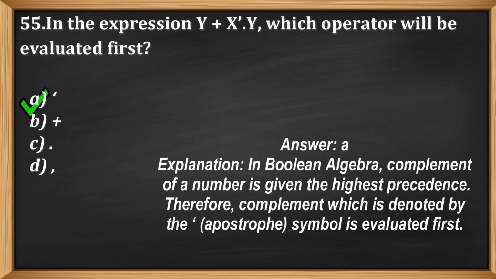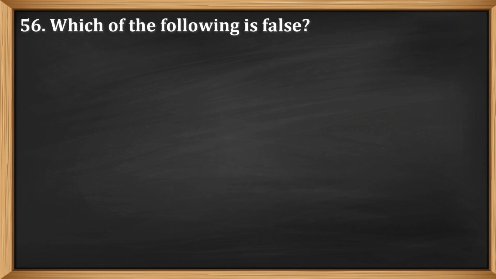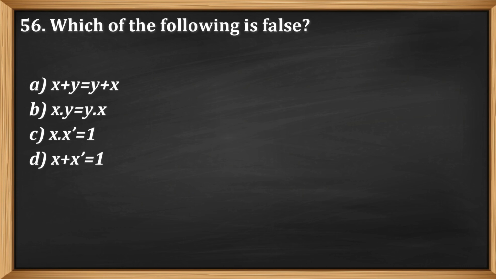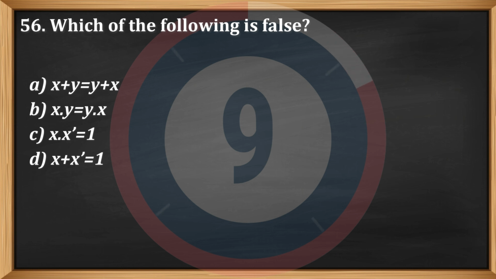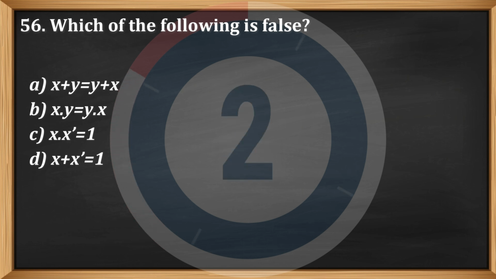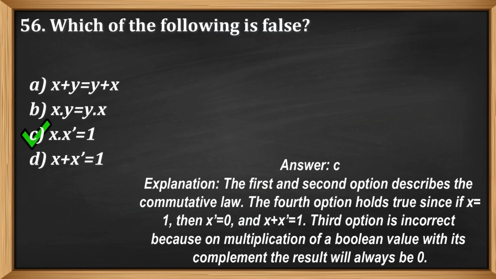Option A, apostrophe. Which of the following is false? Option C, x dot x naught is equal to 1.